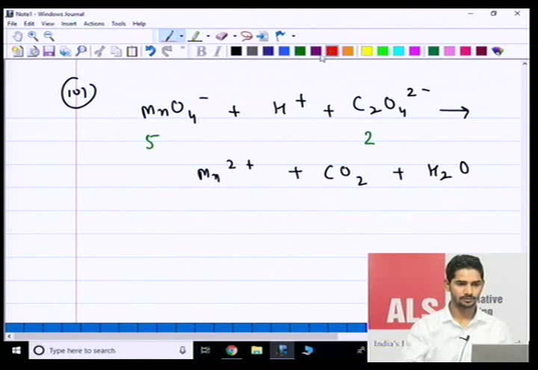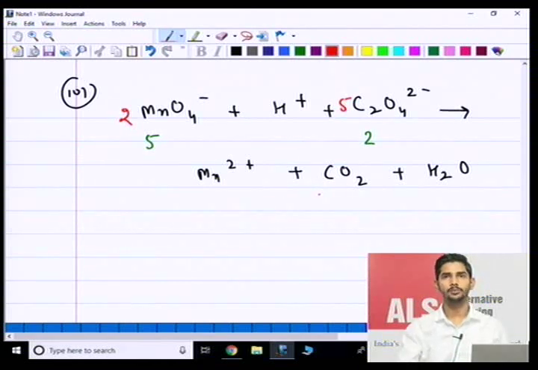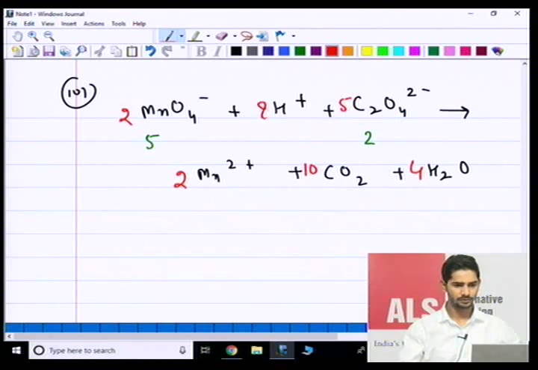This is 2, this is 5, and the rest you can balance. 10, 2, other than that, count oxygen. 5 4s are 20, 28, 4, this is 8.